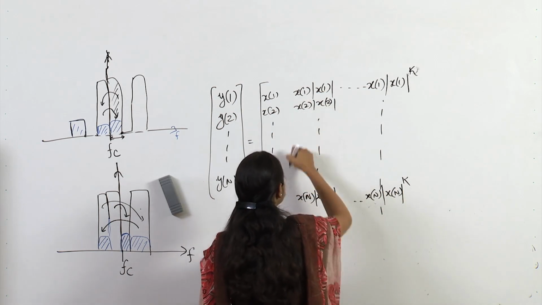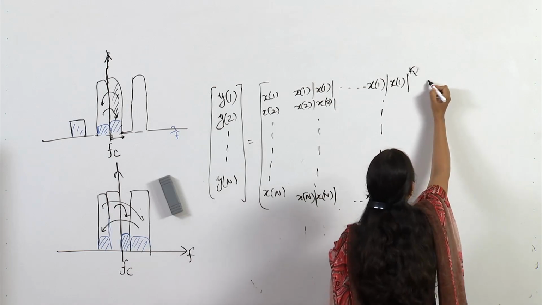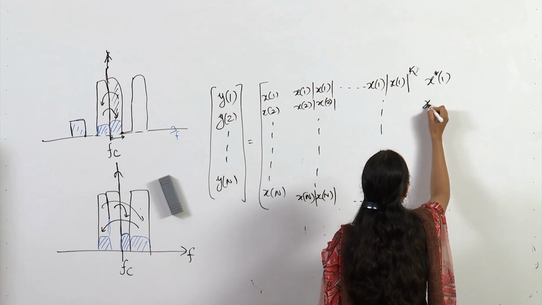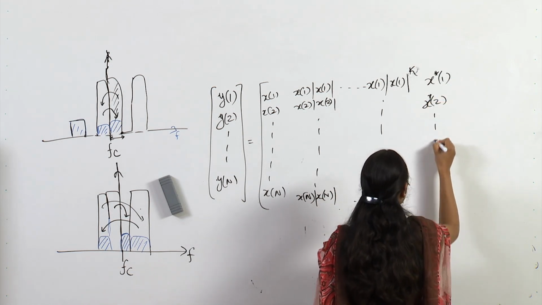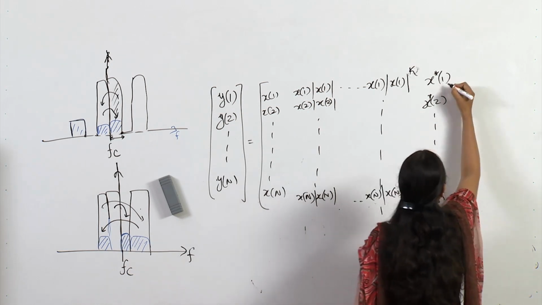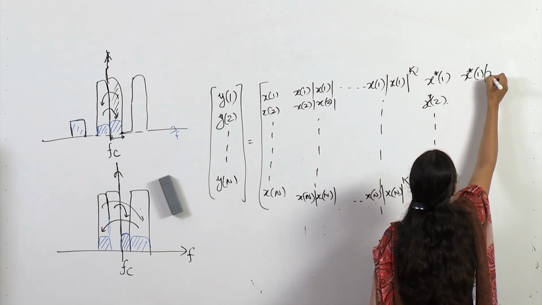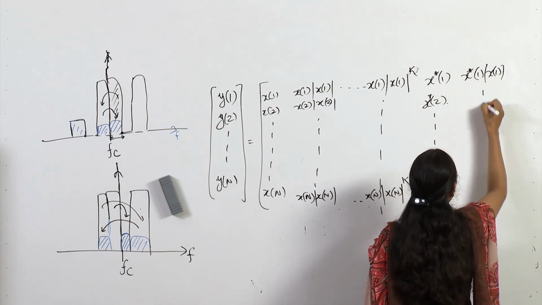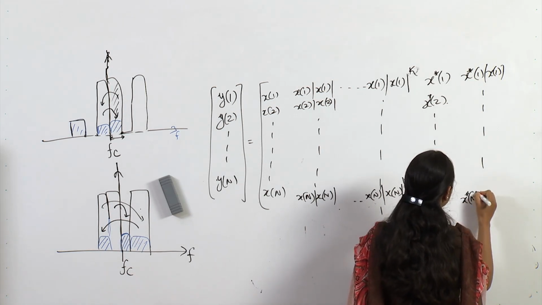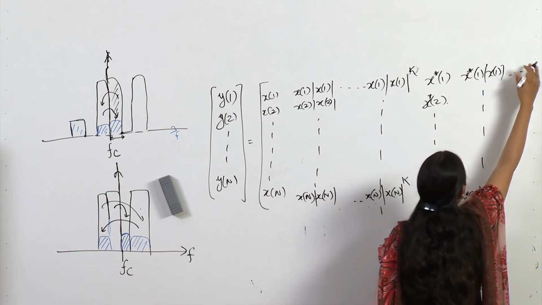But after these kernels, these rows and columns we have decided, we have a new column which will be having these terms and nonlinear terms of these terms, x conjugate n and till to the power k.